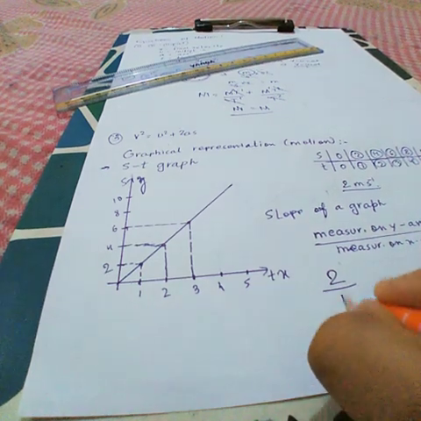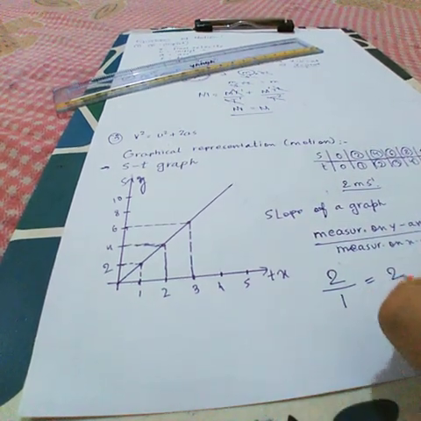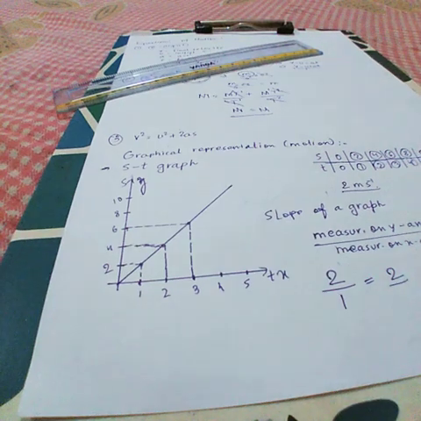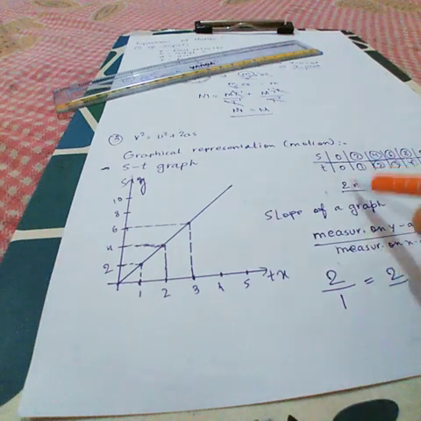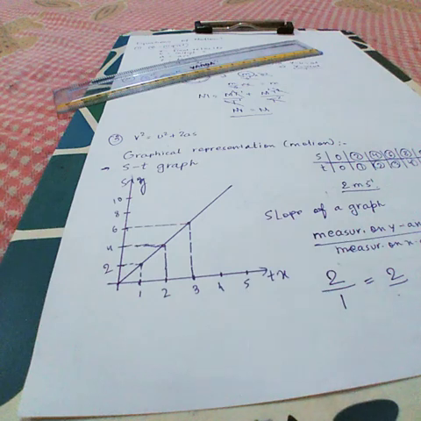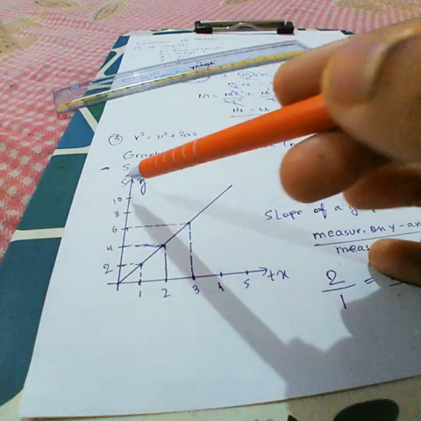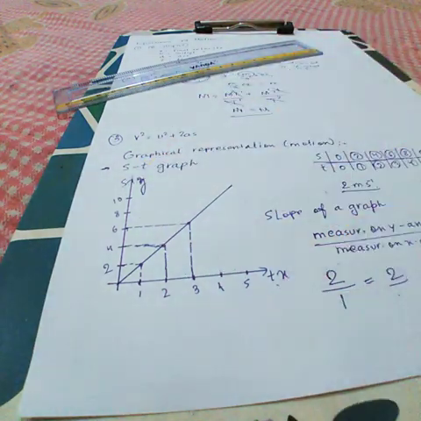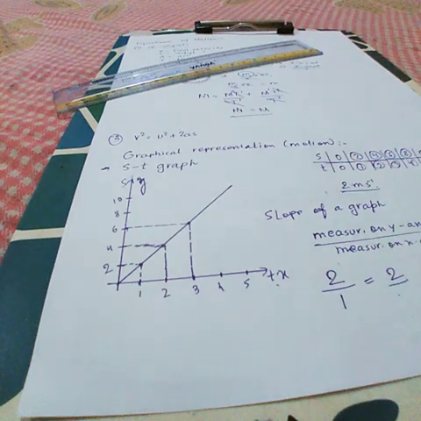So it's 1. So the slope is 2. Now we have found a common thing, that the velocity is 2 and the slope is also 2. So from here we conclude that the slope of a displacement time graph gives us velocity.